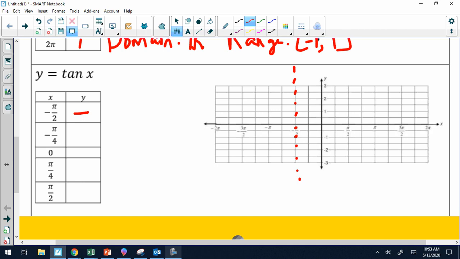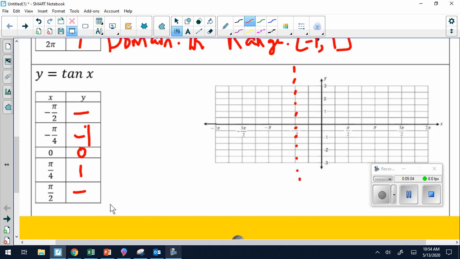At negative pi over 4, it is going to be negative 1, and I'm just using my unit circle here. At 0, it's going to be 0. At pi over 4, it's going to be 1. And at pi over 2, it's going to be undefined. So I'm going to have an asymptote there.